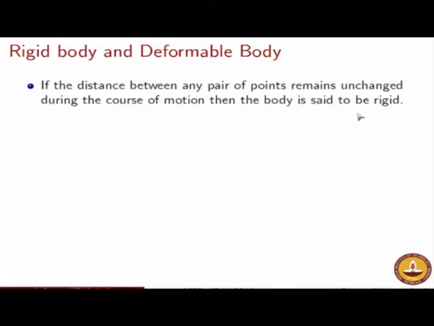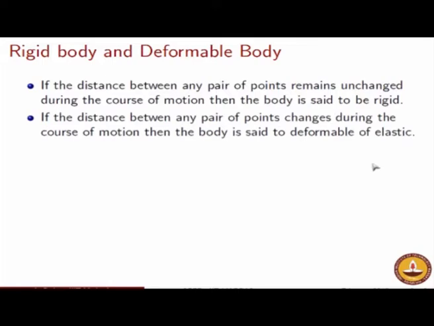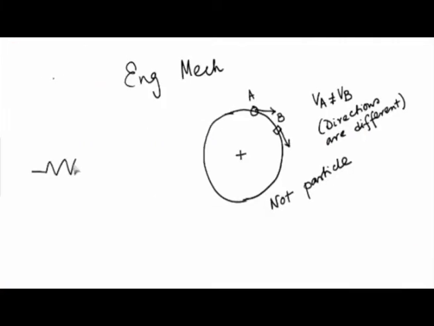So this is in contrast to a deformable body. If the distance actually changes, so if you have a spring-like object, I can draw a spring for you. So let us say this is a spring. Under the application of forces, the distance between these two points will obviously change.